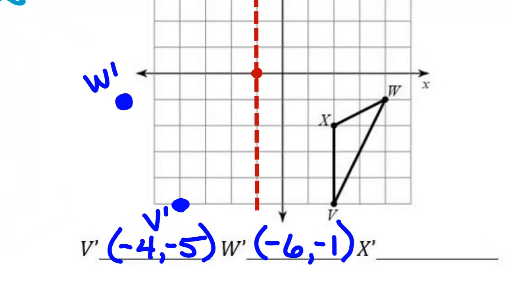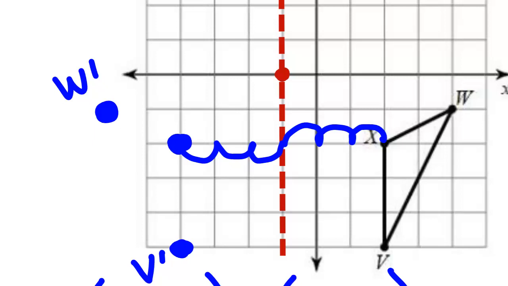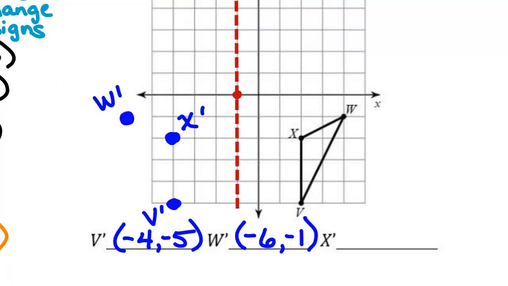And then we need to move point X. How many hops to get X to the line? 3. 1, 2, 3. So on the other side, 1, 2, 3. Put my point down right here for X prime.